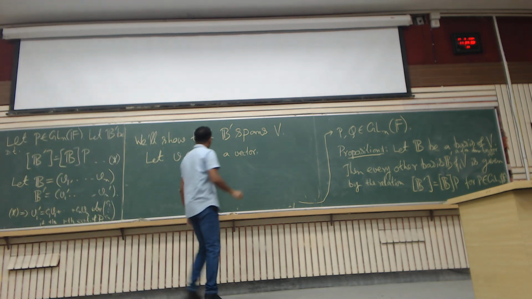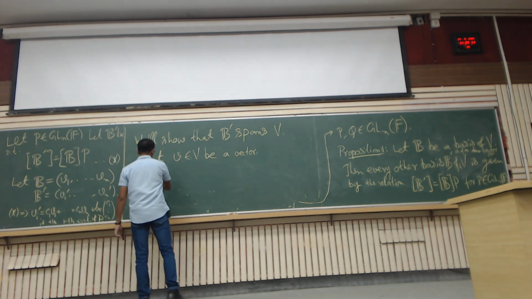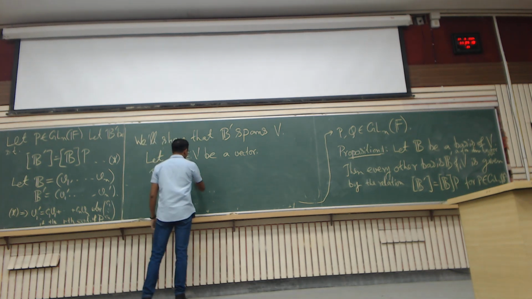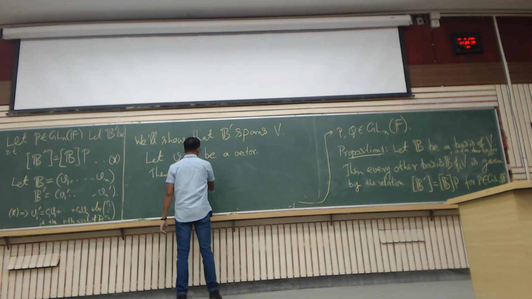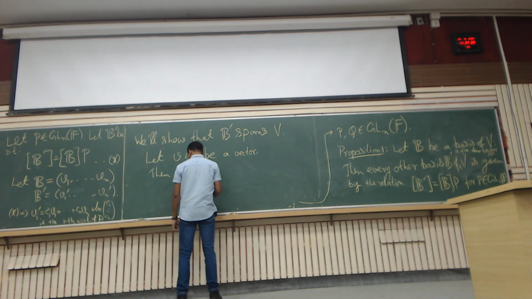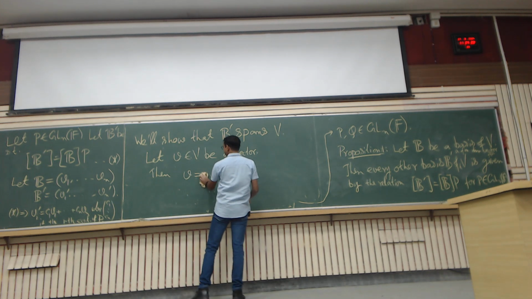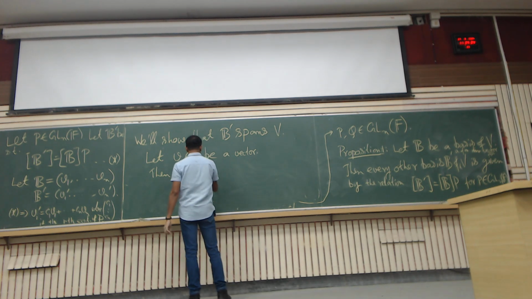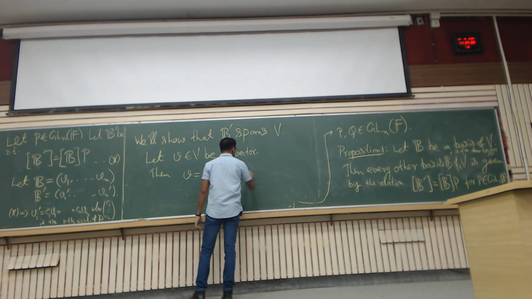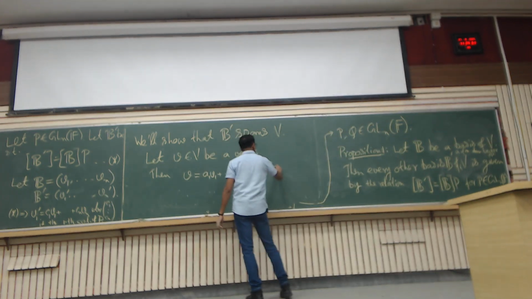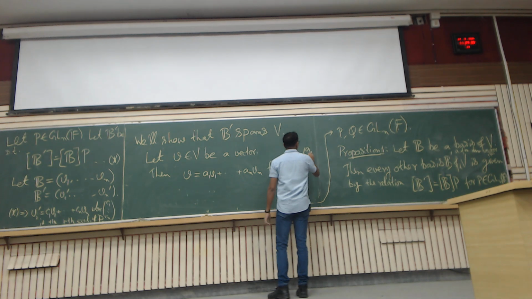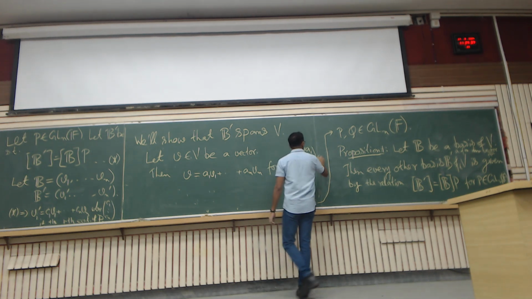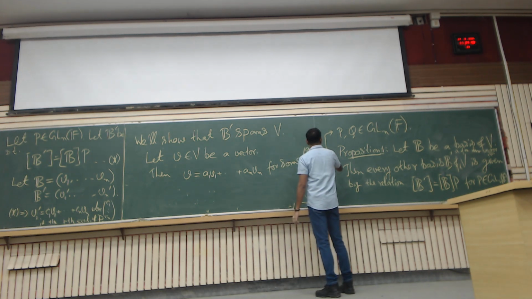Then we could write this as, just one minute, some a, because we have already used c, a1 b1 plus dot dot dot plus an bn for some a1 to an in Fn.